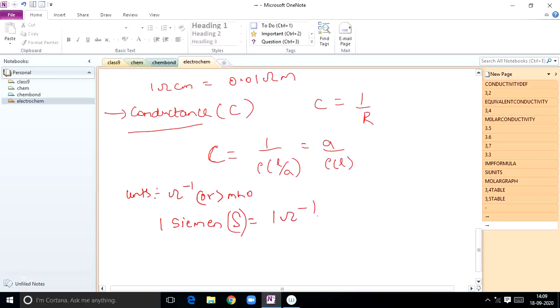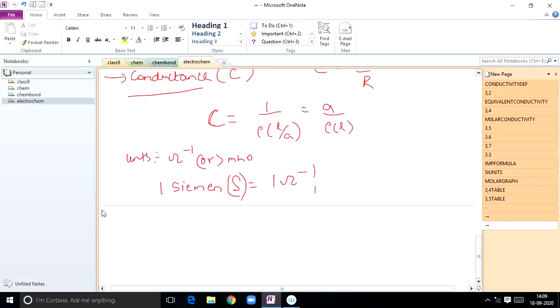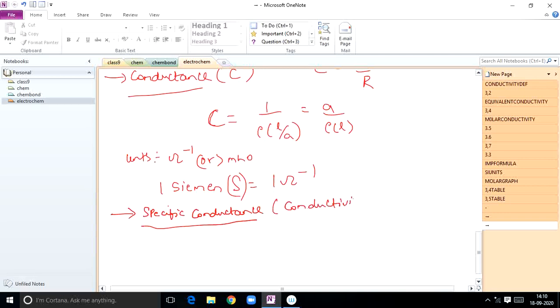So this is conductance. It is the reciprocal of electrical resistance. Next term, specific conductance. What is meant by specific conductance? Or you can call it conductivity.